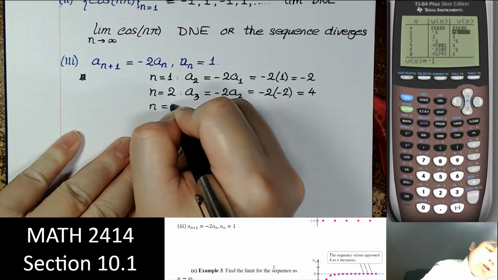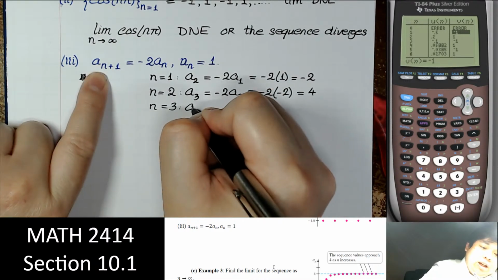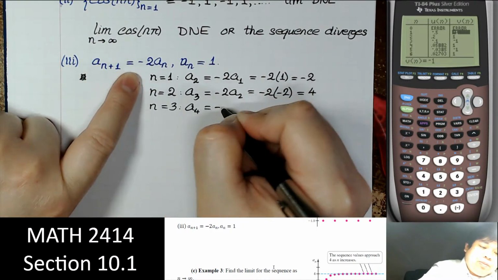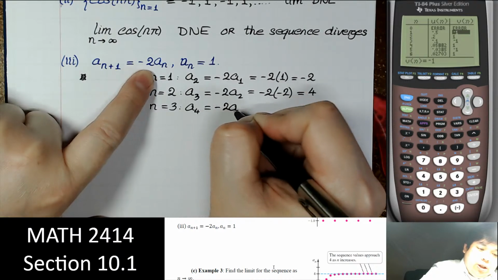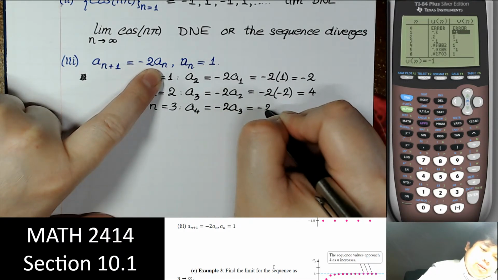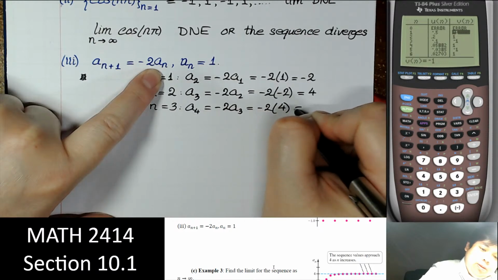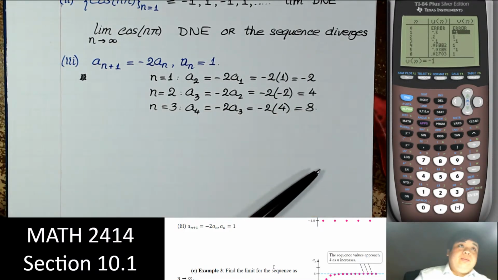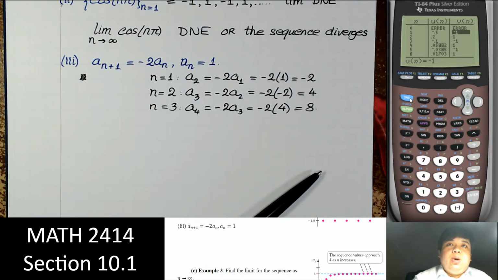And n equal to 3. Put 3 in here. a4 is -2 a3. Right. So again, if we use the calculator, I'm going to clear this.